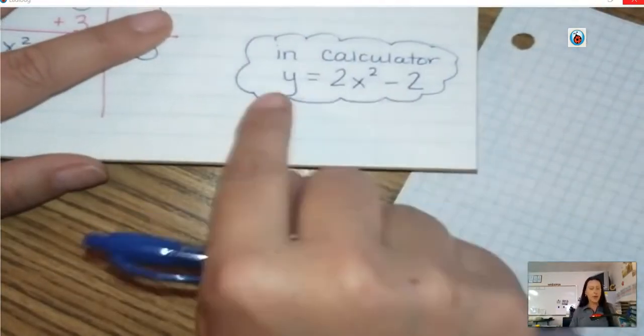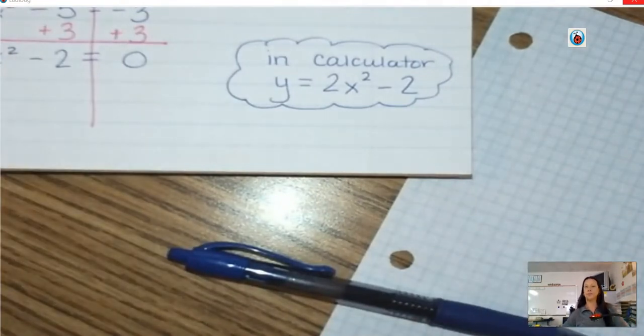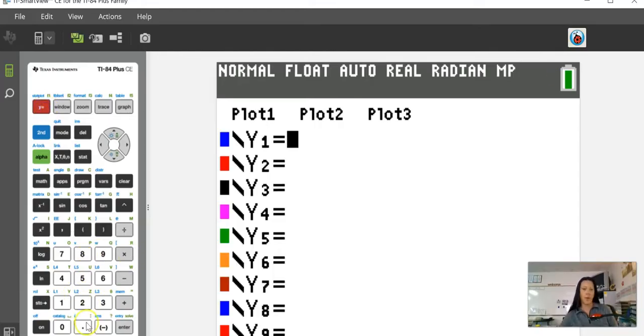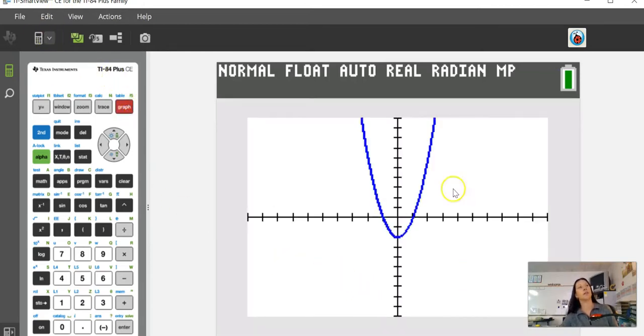Okay, in your calculator, go ahead and type in y equals 2x squared minus 2. Make sure your minus 2 drops back down. Make sure it's not in the air. So if you hit graph, your graph should look like this if you typed it in correctly.